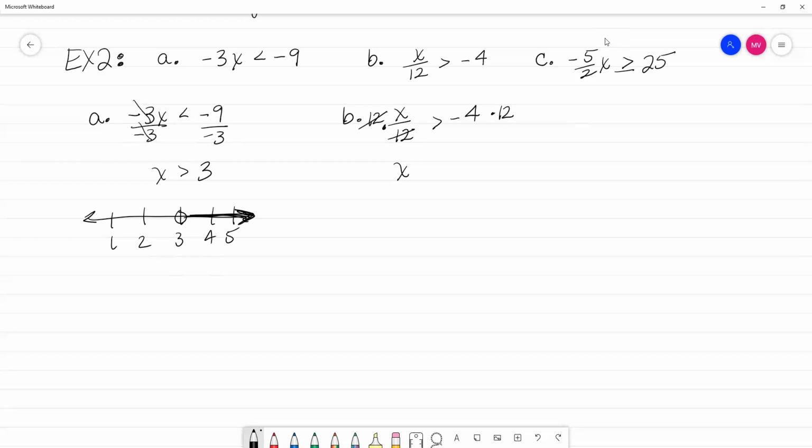What are we multiplying? Is the number that we're using to multiply both sides negative? No. Right, so because that 12 is positive, even though the negative 4 is already over there, we're not multiplying both sides times a negative number, so we're not changing the signs. Therefore, you leave the inequality the same, and you get x must be greater than negative 48.